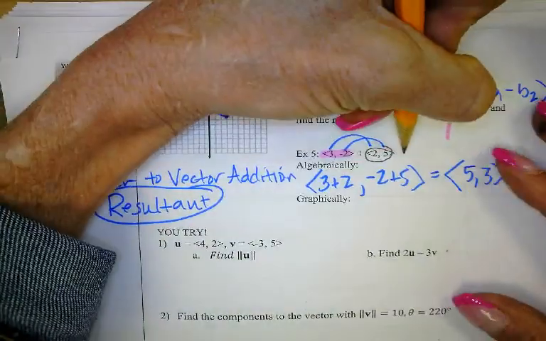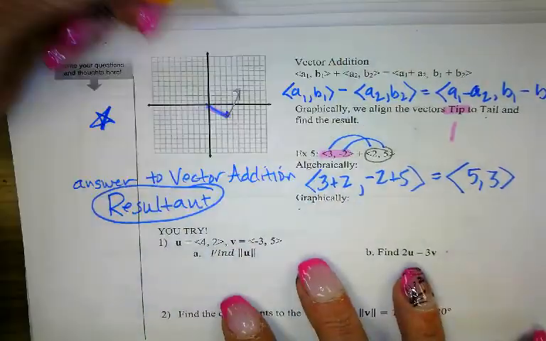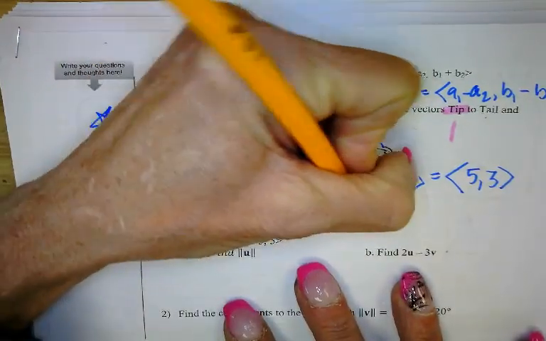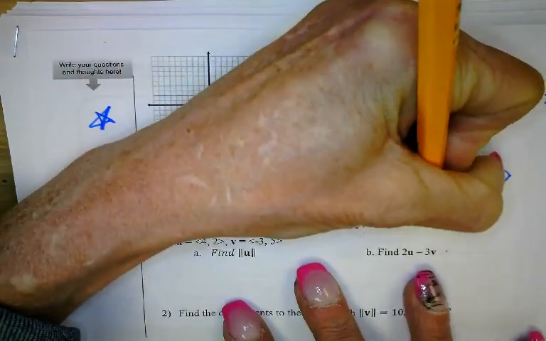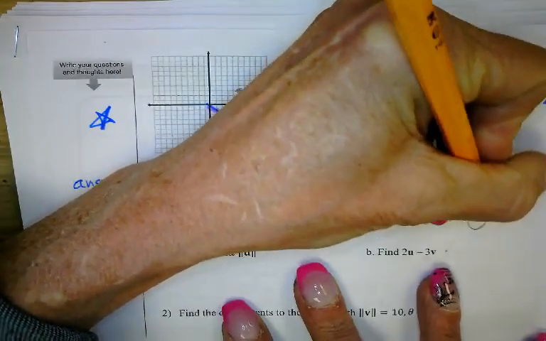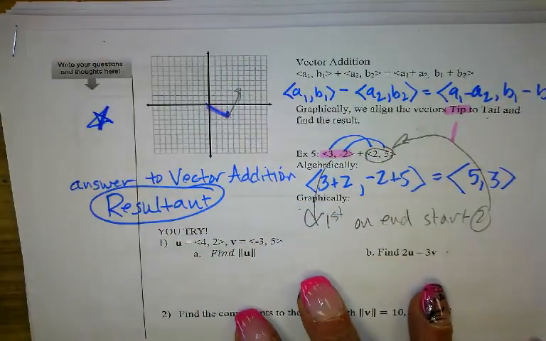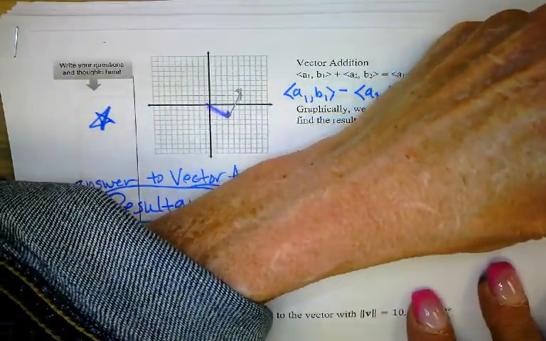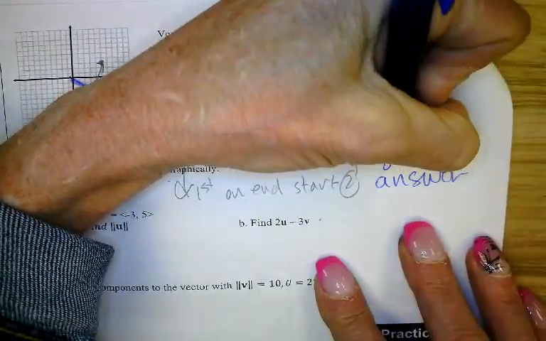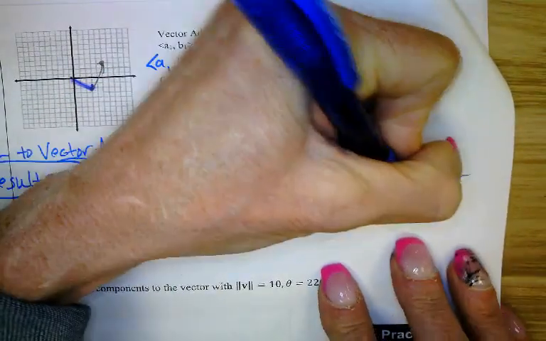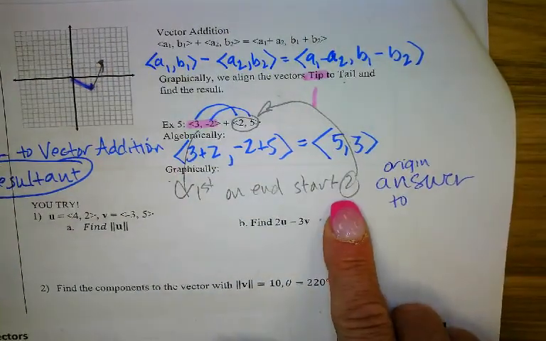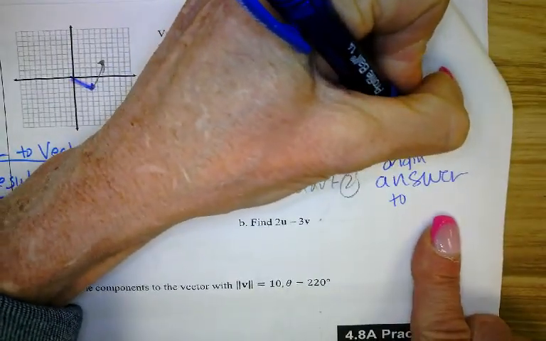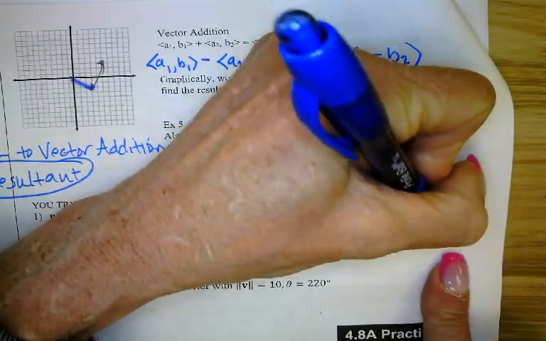I drew vector 1 first, and then on the end of it, I start vector 2, and then my answer goes from the origin to the end of vector 2. So my answer vector is from here to here.